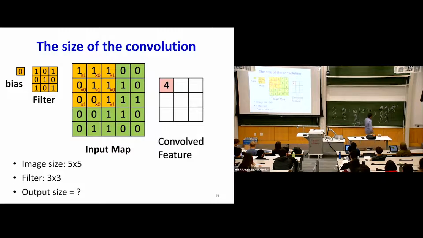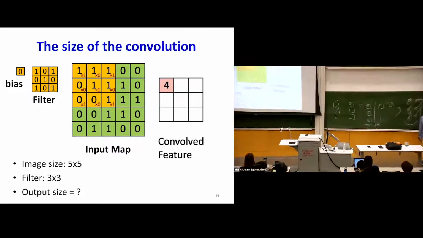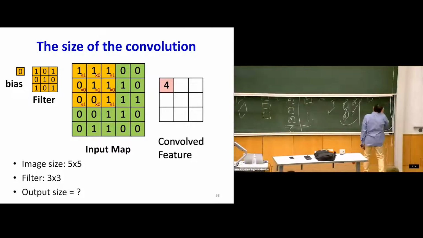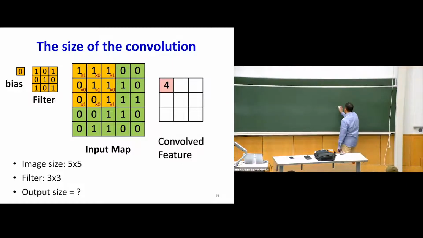Let's say I have an n cross n input, and if my filter is m cross m, then how many do I have remaining over here? n minus m, right?